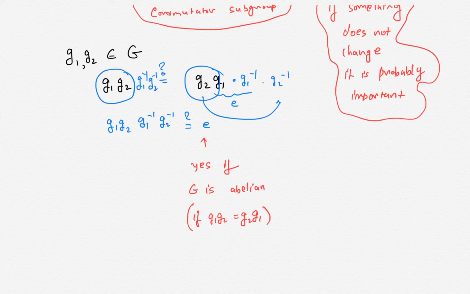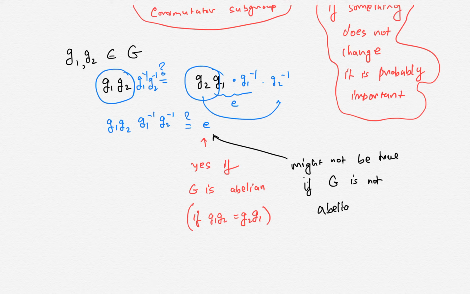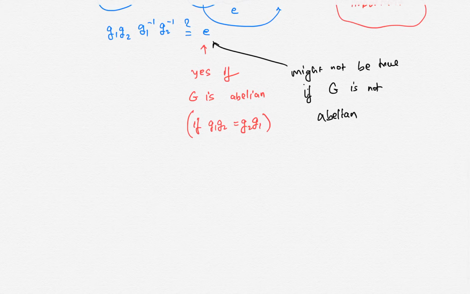But it might not be true if G is not abelian. So in that case, this particular element is interesting. This one is interesting. Why? Because of course it tells you how far this group is from being abelian.